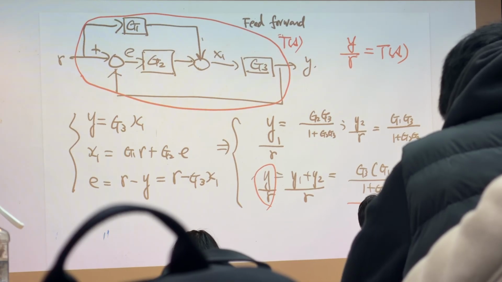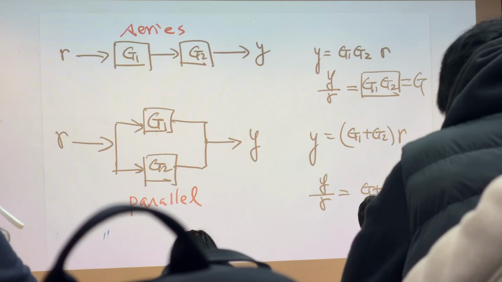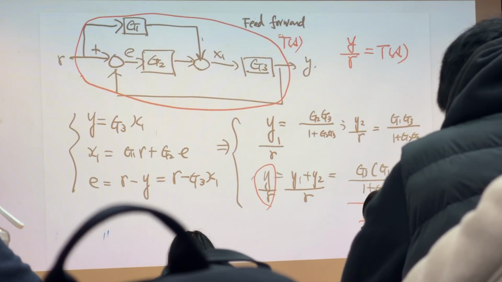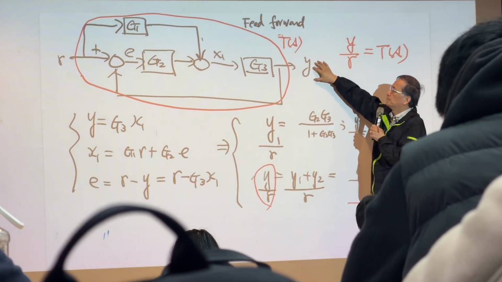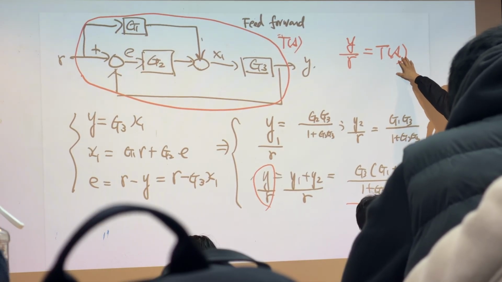So by combining using series, parallel, using feedback, using feed forward, you should be able to solve many complex problems and integrate them together. At the end, you are looking for the output divided by input, and that's the TS.